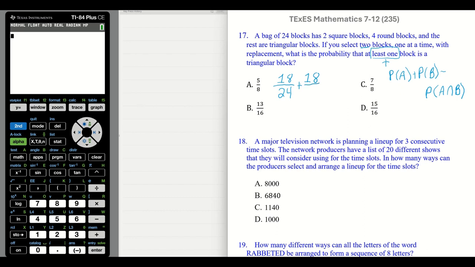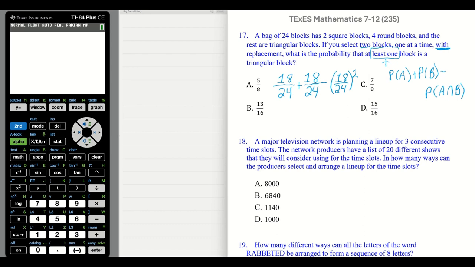The second event is 18 out of 24 because it says that we are replacing. Then we subtract out those two probabilities multiplied together, which is 18 over 24 squared.